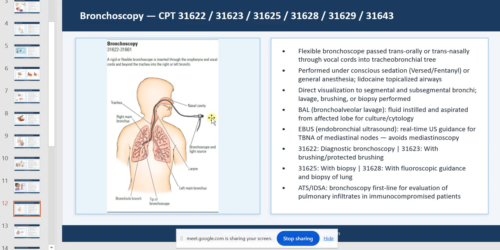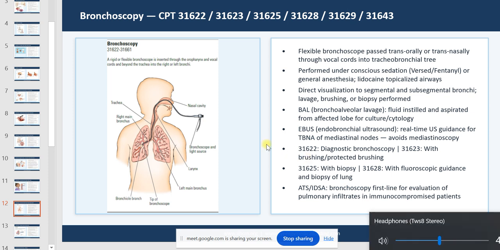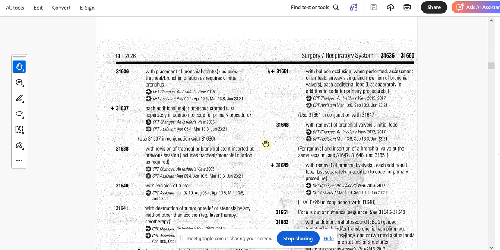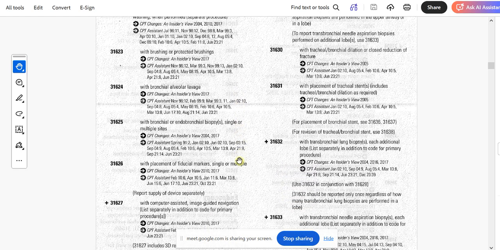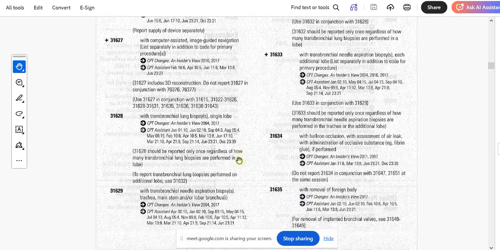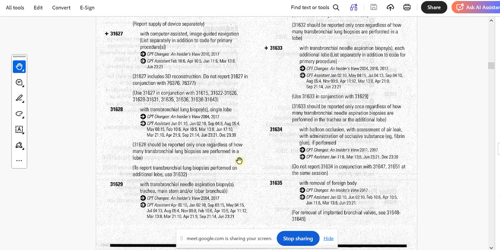So go through this bronchoscopy. This is important; you will get at least one or two. Balloon occlusion, 31634. It is also a type of biopsy. Basically this is occlusion.